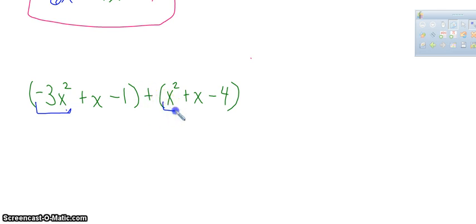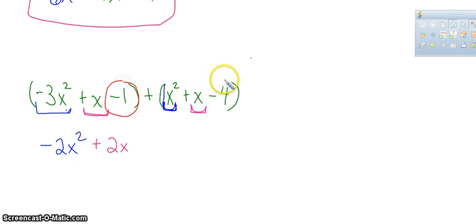This one has an x squared, so we add those two together. Negative 3 plus 1 gives me negative 2x squared. Then I go to my next one. I have 1x and 1x, so 1 plus 1 gives me plus 2x. My last thing is a negative 1 and a negative 4. Adding them together gives me a negative 5, and that is my answer.